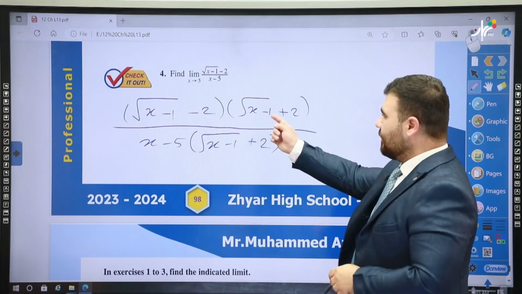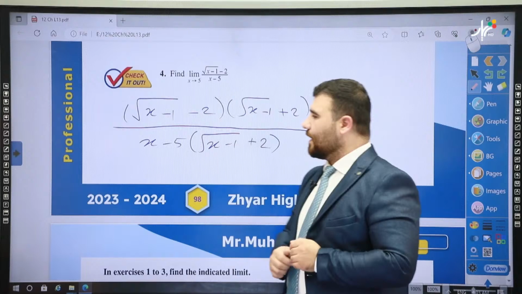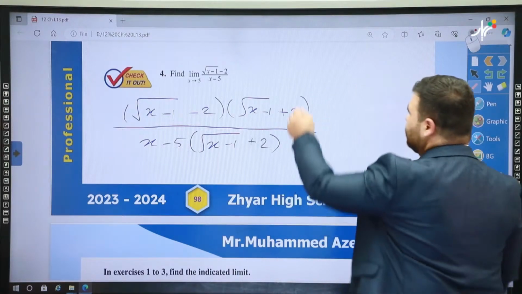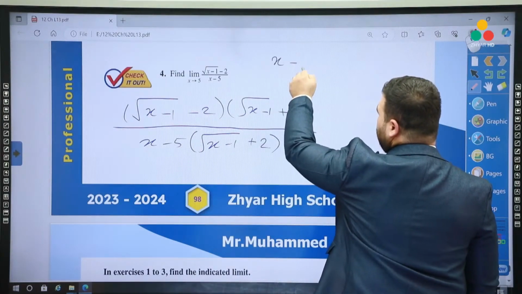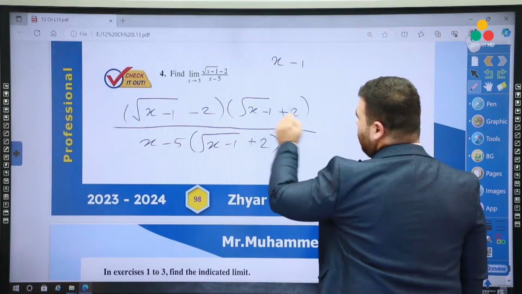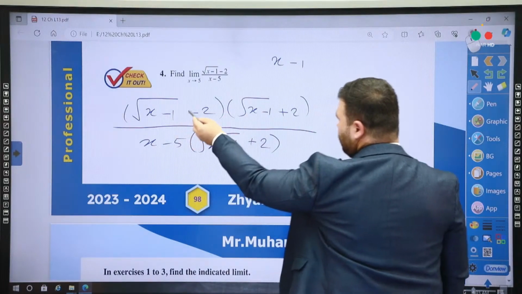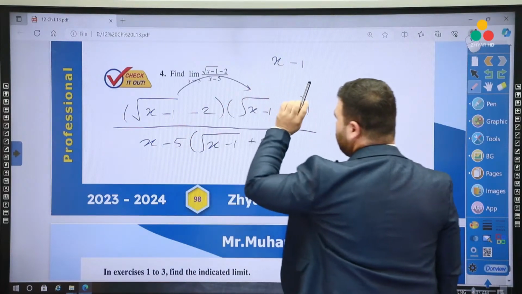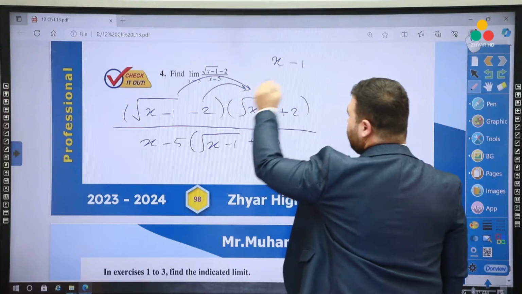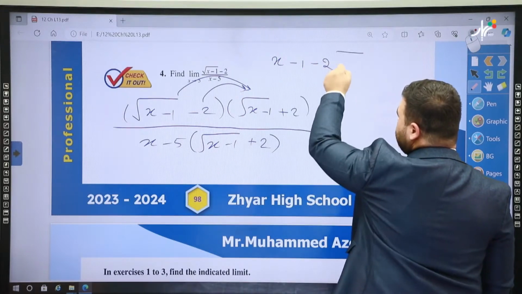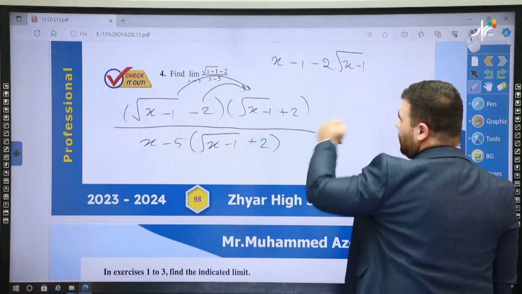Here, if I multiply these two together, I will get x minus 1. They are the same thing under the root. 2 times this will be negative 2 square root of x minus 1.